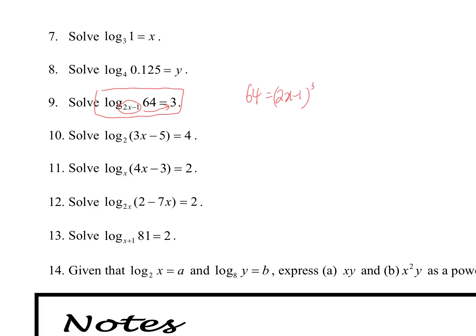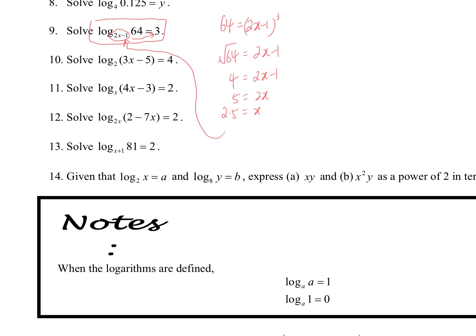So to solve for it, I cube root. So cube root is 4. So x is just 2.5. Once you solve, always sub in to check whether your equation is valid or not. Sometimes you need to reject, sometimes you don't need to, then you keep the solution.